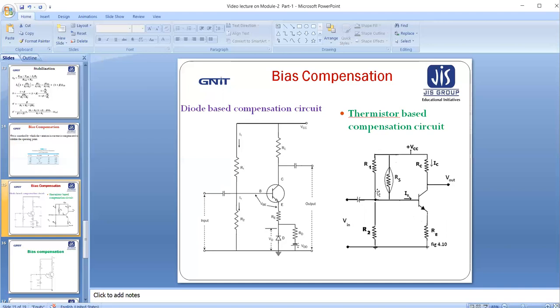Therefore the total Thevenin resistance, which is R1 parallel R2, will obviously be lowered, and therefore the drop due to this IB into R1 parallel R2 will be lowered. So if somehow, due to the temperature effect, there is an increment of the IC, due to this lowering, the IB current will be decreased.